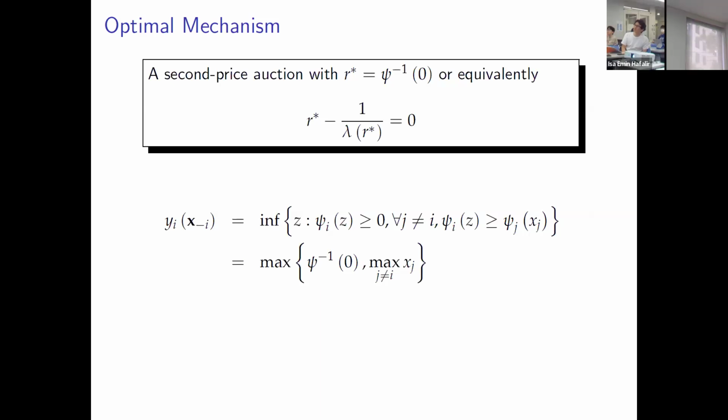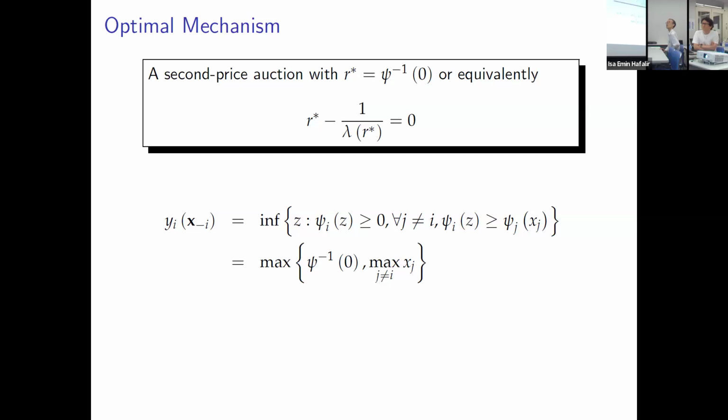But if you go back to our initial analysis of the symmetric case, since all the value distributions are the same, all the virtual valuations are the same, and therefore there will not be any misallocation. But there will be inefficiencies due to the auctioneer keeping the object to himself.